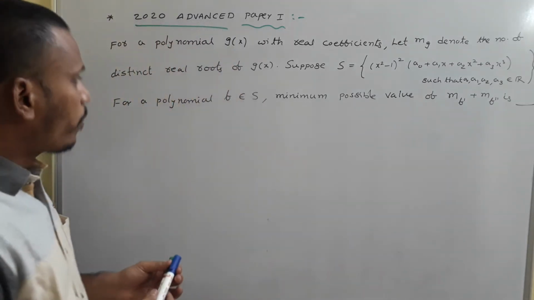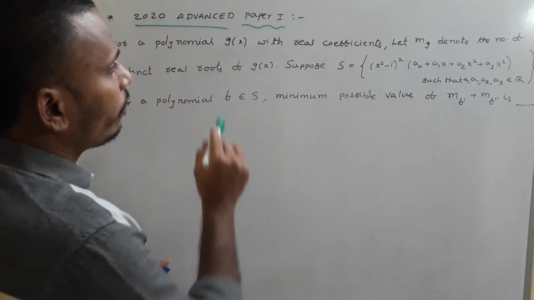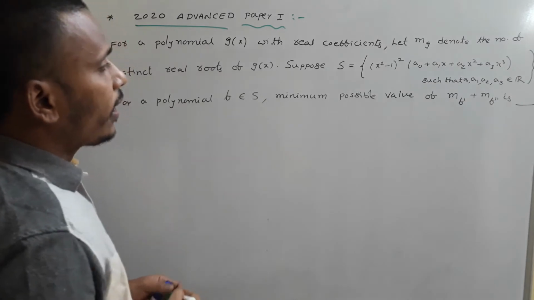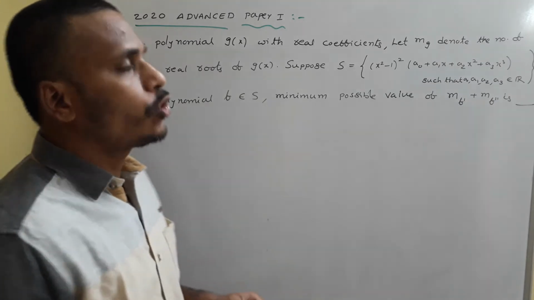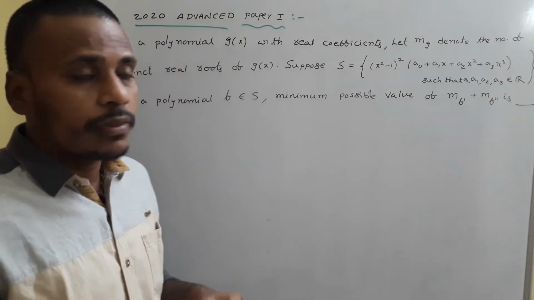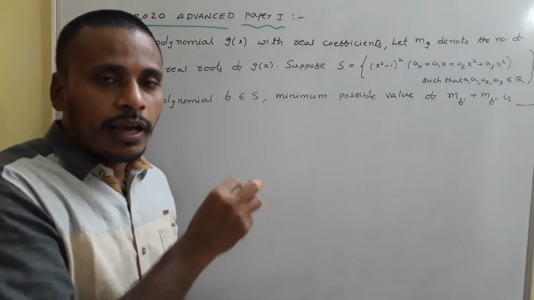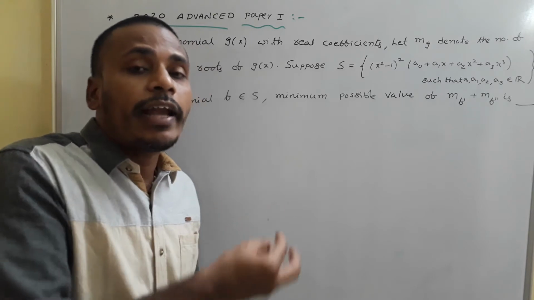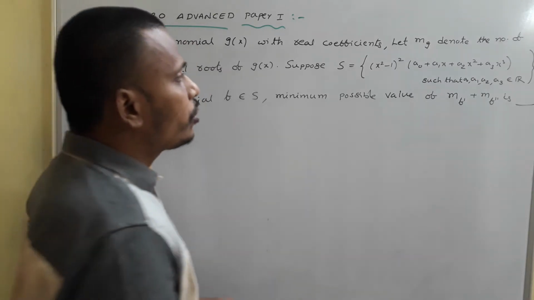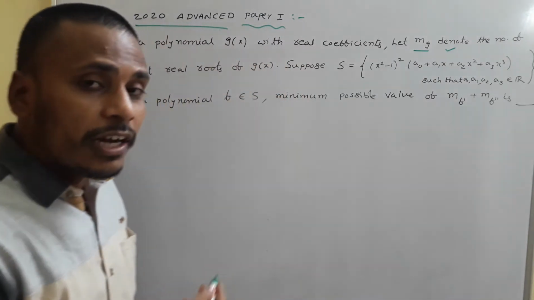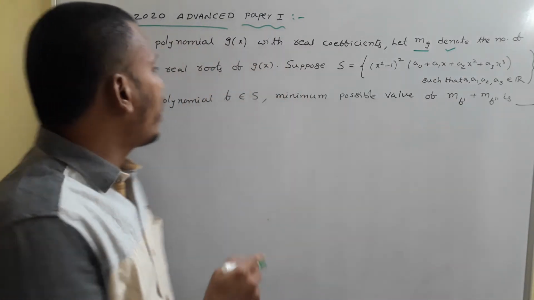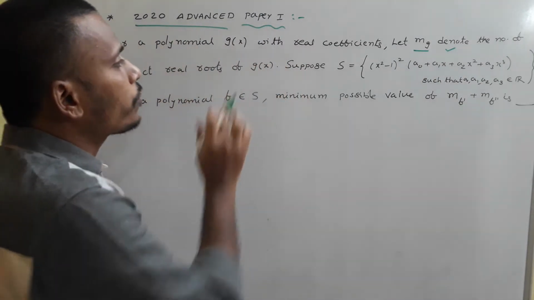See, for a polynomial g of x with real coefficients, let mg denote the number of distinct real roots of g of x. Actually, the question is completely about a defined notation. See, mg is a notation, it denotes the number of distinct real roots of g of x.